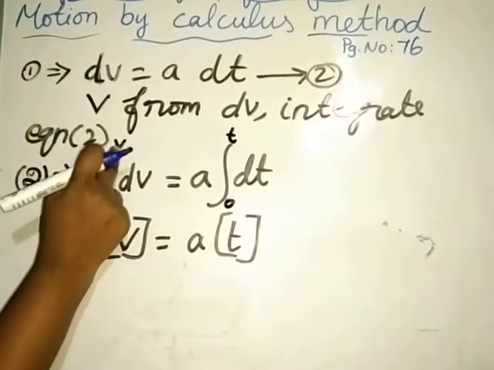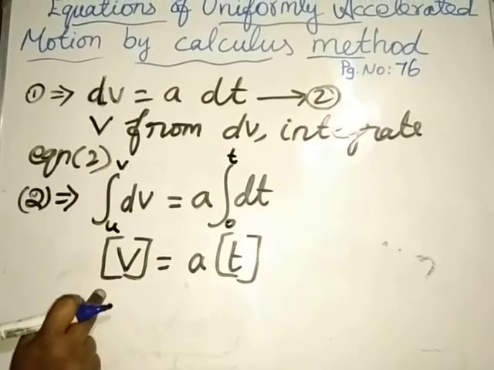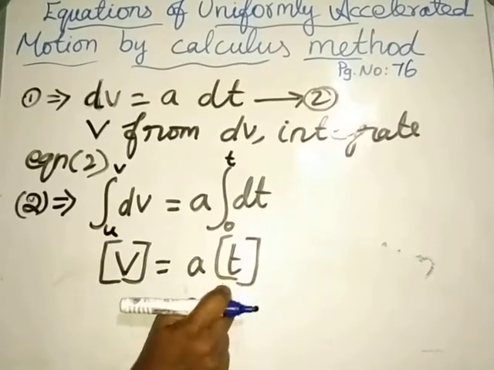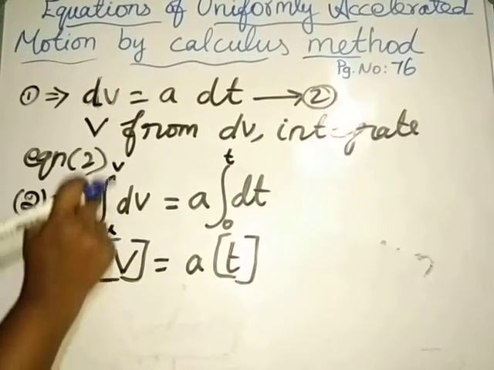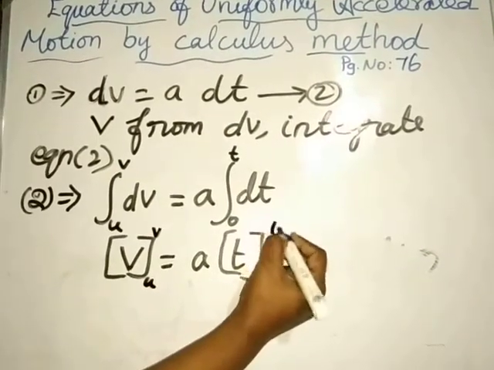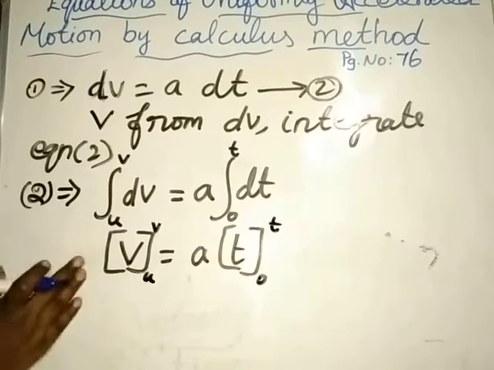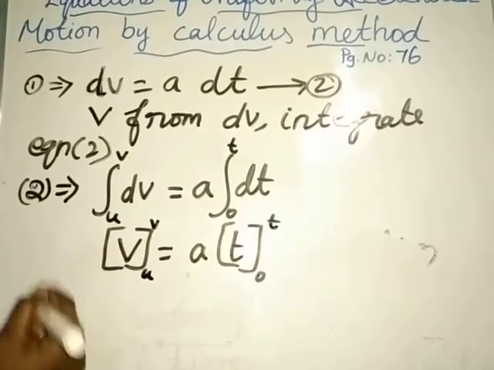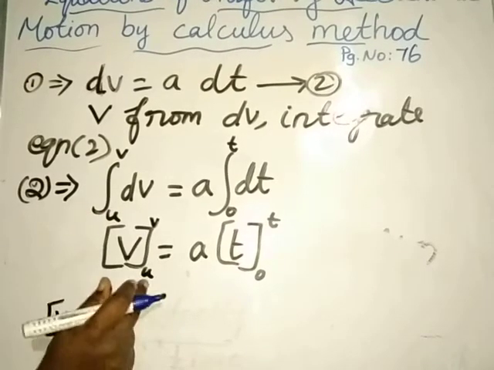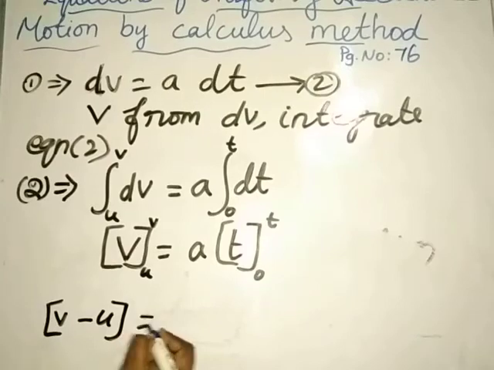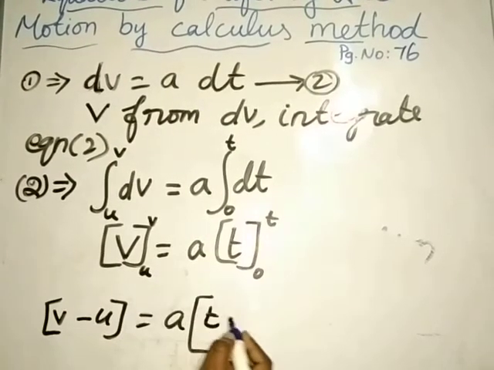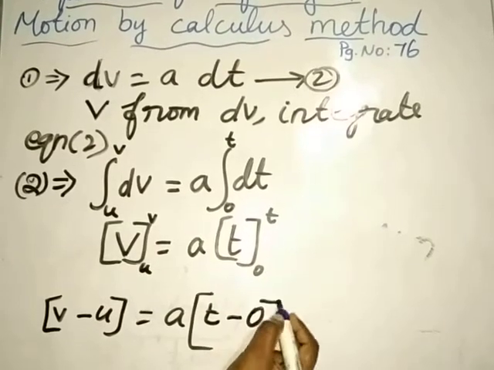So the integral of dv is v, equal to a into the integral of dt, which is t. Now apply the limits u to v and 0 to t. Apply the upper limit v minus lower limit u equal to a into upper limit t minus lower limit 0.